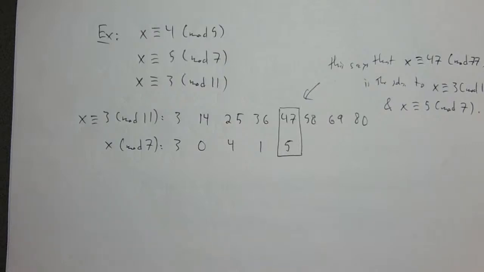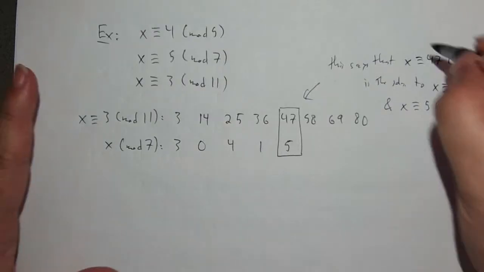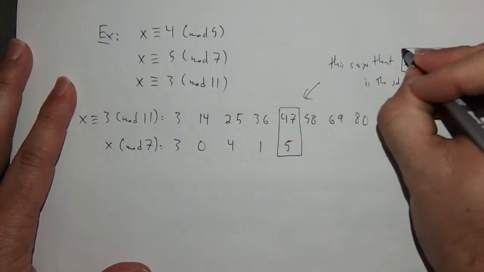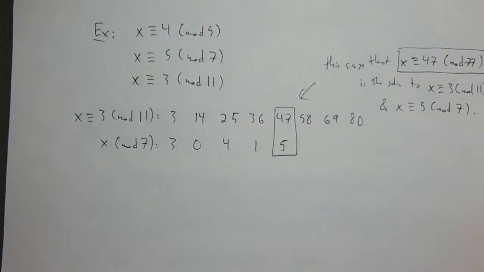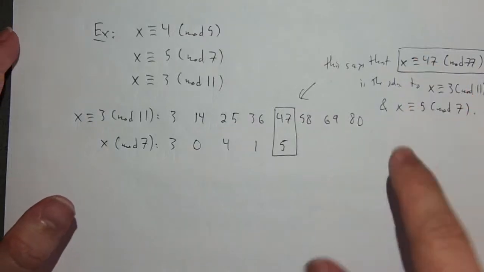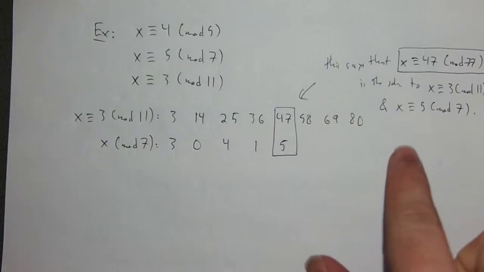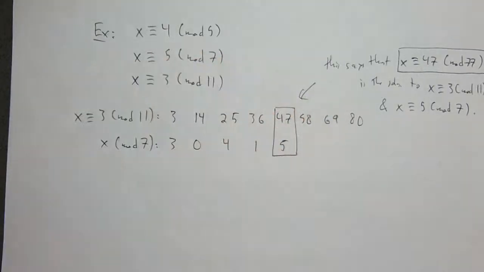So now, what do I do? I make a list of positive integers that are congruent to 47 mod 77. So, what have I done here? I have essentially wrapped these bottom two congruences together into a single congruence now, which is 47 mod 77.